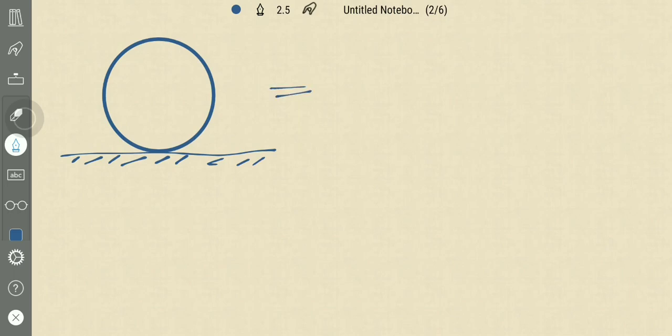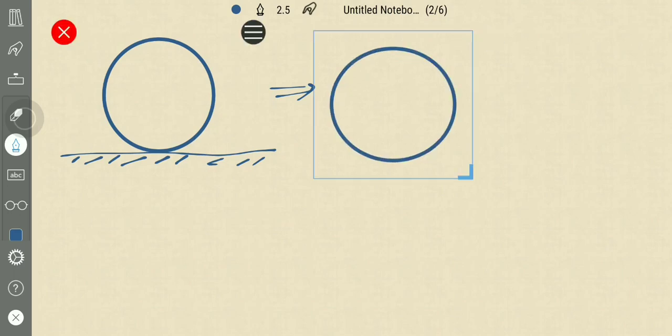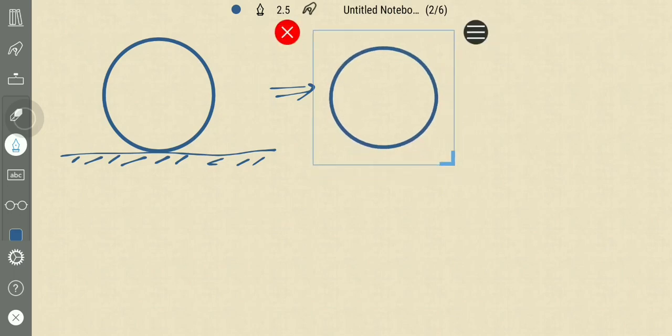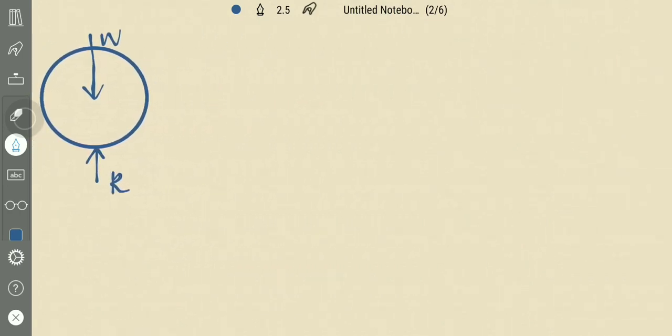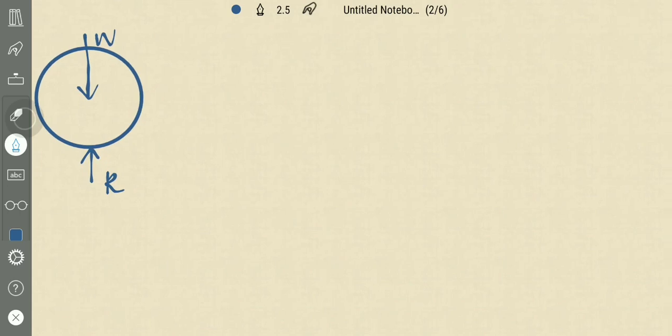This has a free body diagram like this. W. This is reaction R. And next, another one. There is a wall.